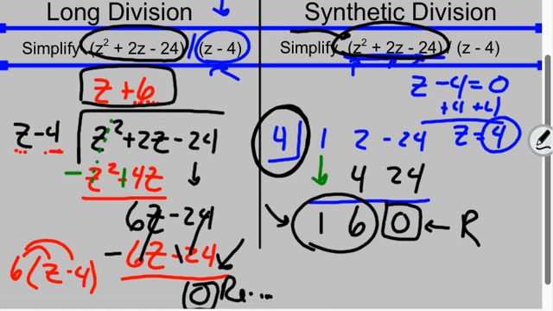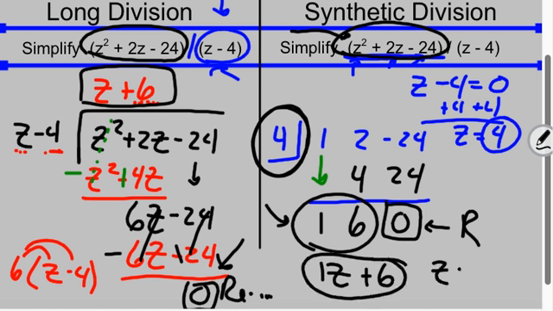Your answer is always going to have 1 degree less, or 1 power less. So this is 1z, and then you just go by decreasing order there. Z to the first, then no z would be plus 6. So it's 1z plus 6, or z plus 6, same thing. Which is the same thing we got over here. This is our answer, or our quotient. Whenever you divide something, the answer is a quotient.